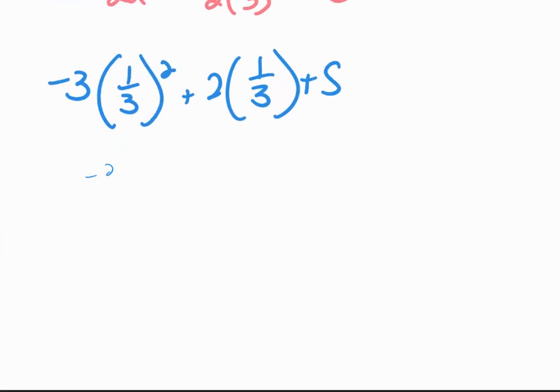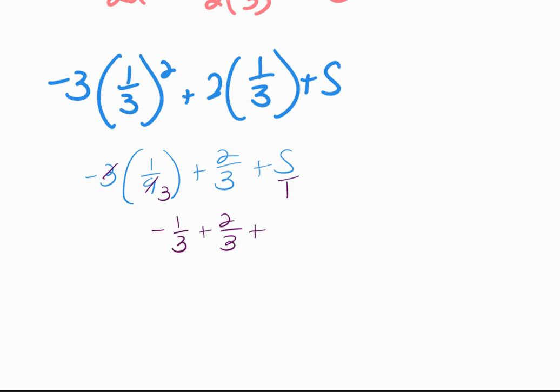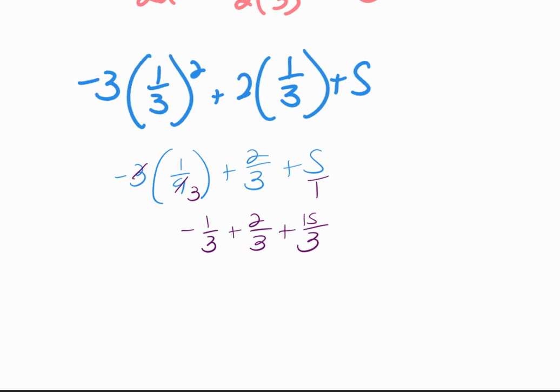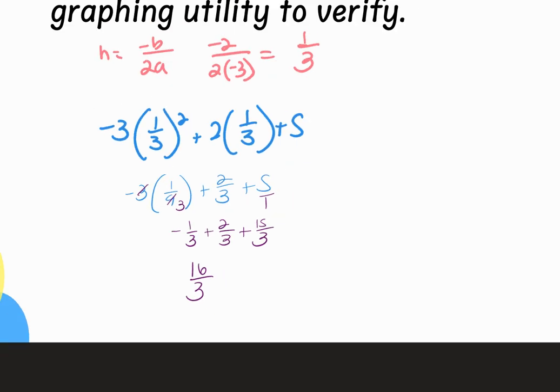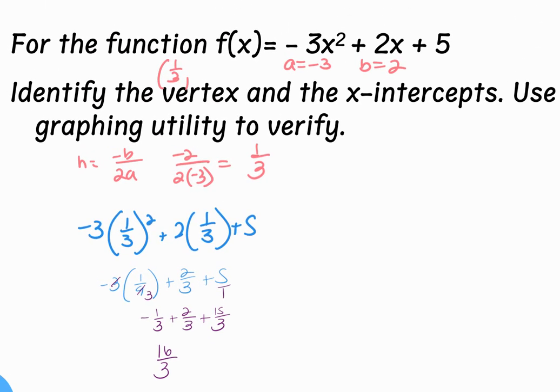Square the 1/3, so negative 3 times 1/9 plus 2/3 plus 5. I can simplify this. 3 goes into 9 3 times, so negative 1/3 plus 2/3, and 5 over 1 becomes 15/3. Denominators are all the same, so add your numerators. Negative 1 plus 2 is 1, plus 15 is 16/3. And that's the y coordinate of my vertex.